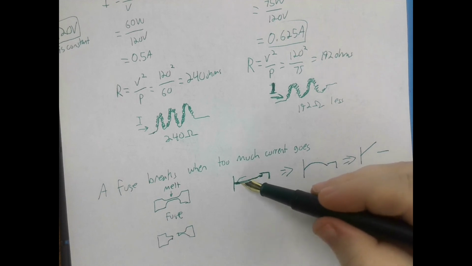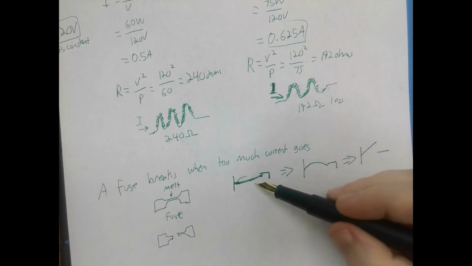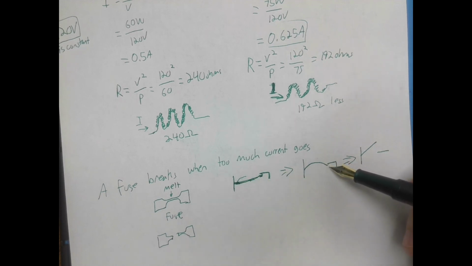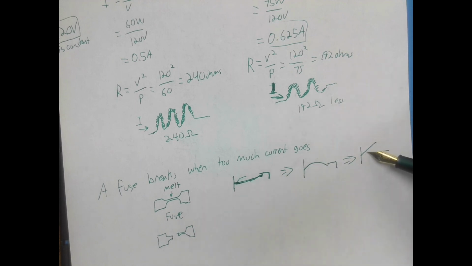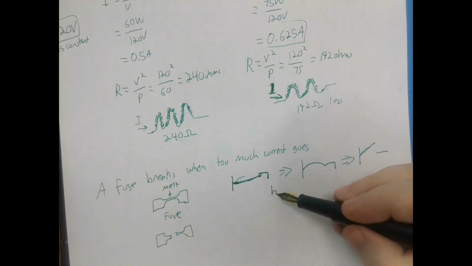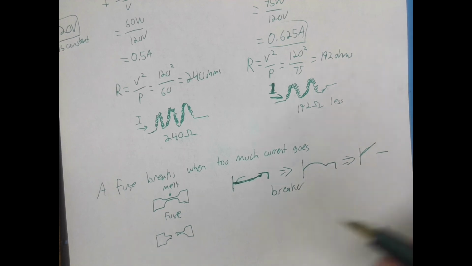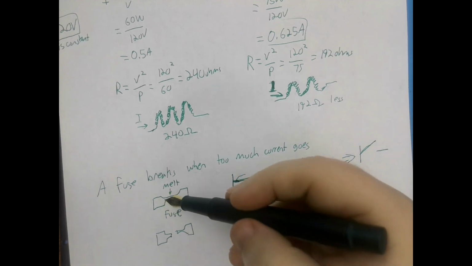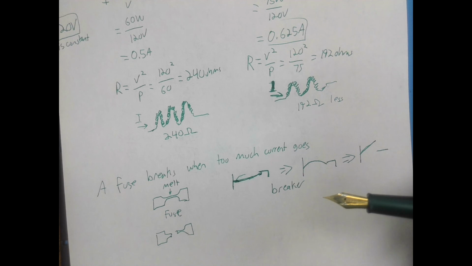Here we have a thin piece of metal. As this heats up, it flexes, and because it's just barely catching on here, it will eventually bend upward and flip off. That's you tripping the circuit breaker. So this is a breaker versus a fuse. Fuses, whenever they break, you have to replace them.